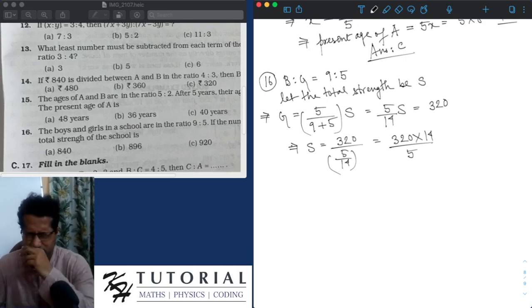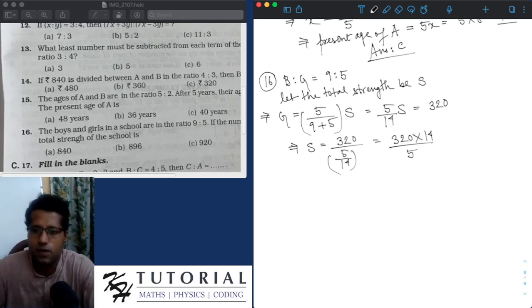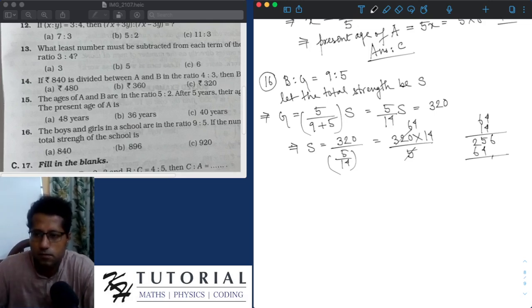Now if you simplify this further, we have 64, and 64 multiplied by 14 is 896.